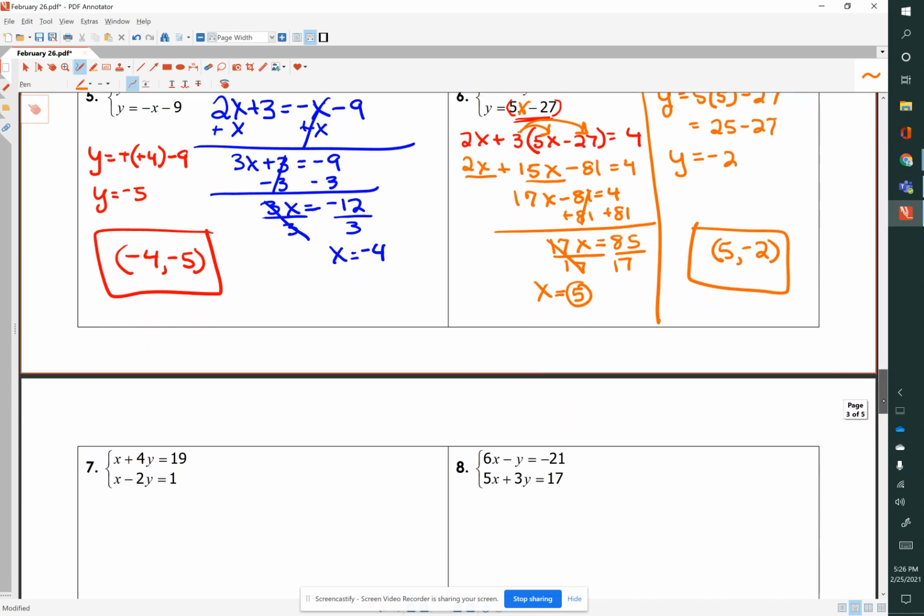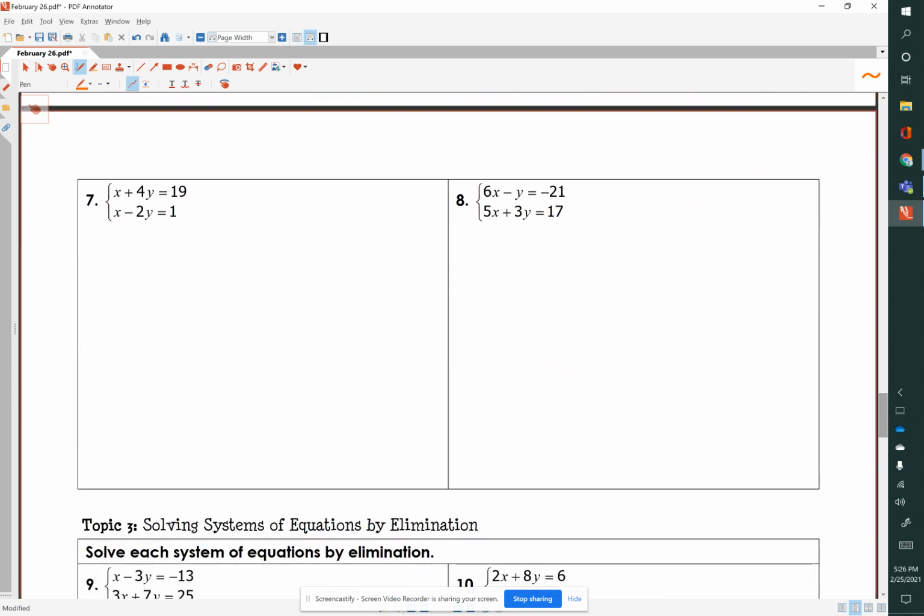Okay, let's do a couple more of these substitution ones. We have x plus 4y equals 19 and x minus 2y equals 1. I'm going to solve this second equation for x because it's pretty easy to do. I'm just going to move 2y over and this negative will become a positive. So I'm going to have x equals 2y plus 1.